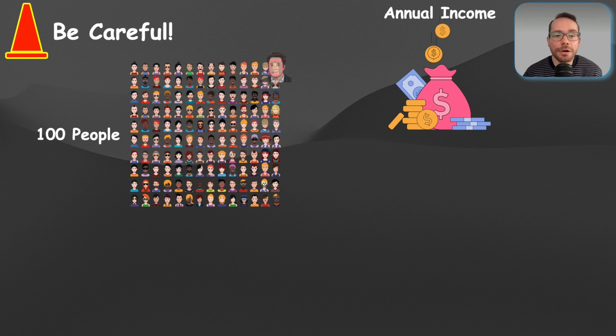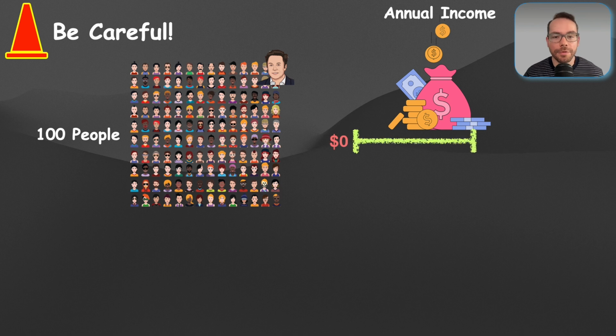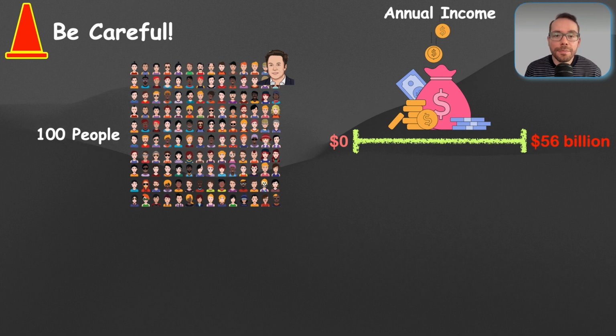For example, here, Elon ended up being in our sample population. Now, that will make our range go anywhere from 0 to $56 billion, or another large number, depending on how good of a year Elon was having. Now, in this case, we are talking about billions for the range of the values. However, the sample size is very, very small.